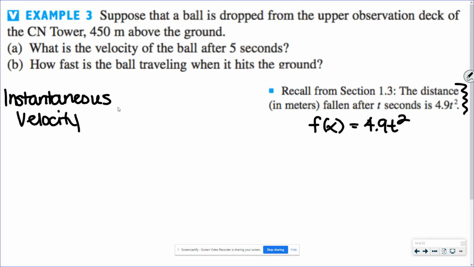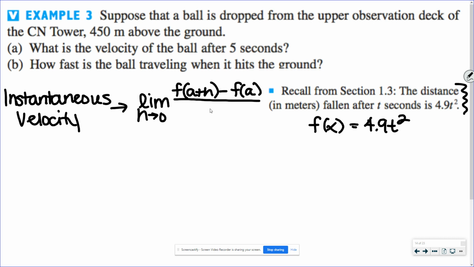To do that, we have to take the limit, and we're going to use that second definition, the limit as h approaches 0. I'm just going to write the formula down here.